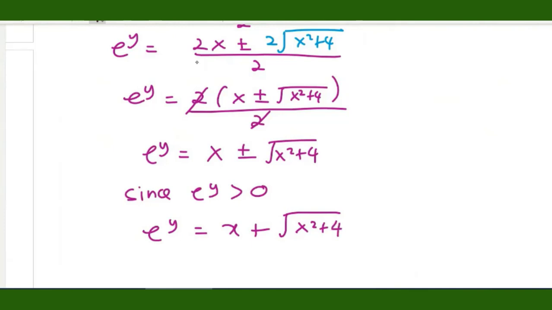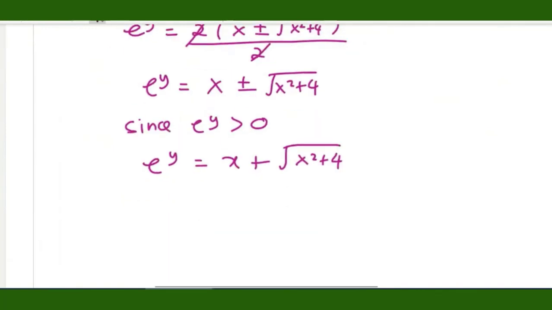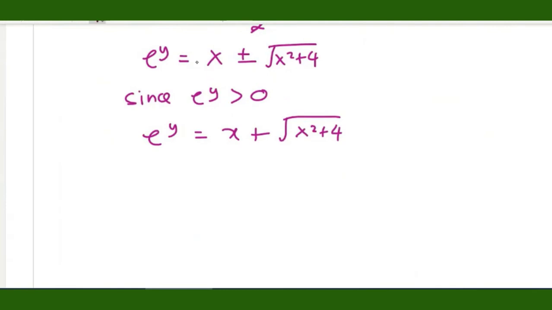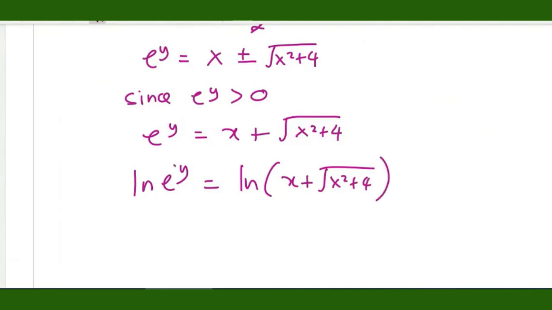Okay, oh sorry, x, okay correct. Finally, having our y as the subject, take ln on the left and ln on the right. So ln of e^y equals ln of x plus the root of x squared plus 4. Bring the ln over to the right hand side, to the front, sorry. It should be y equals ln of x plus the root of x squared plus 4.